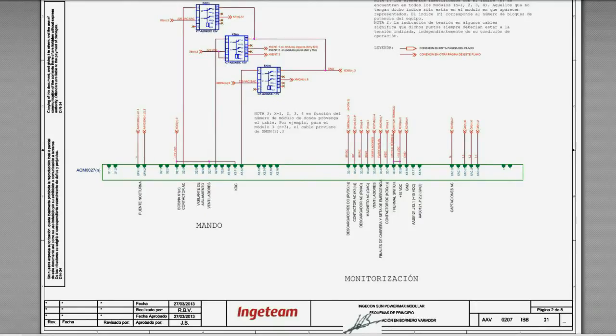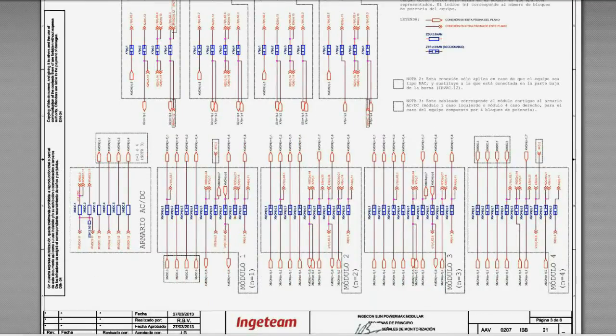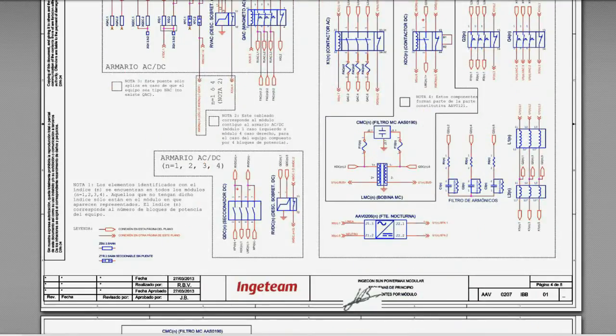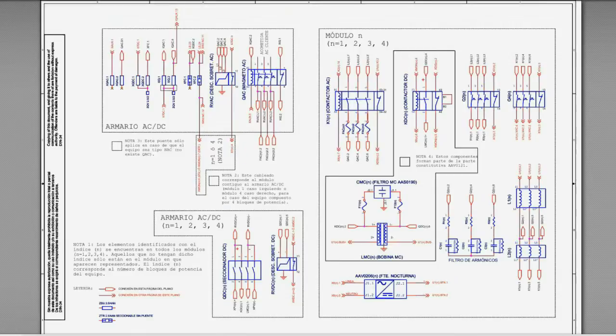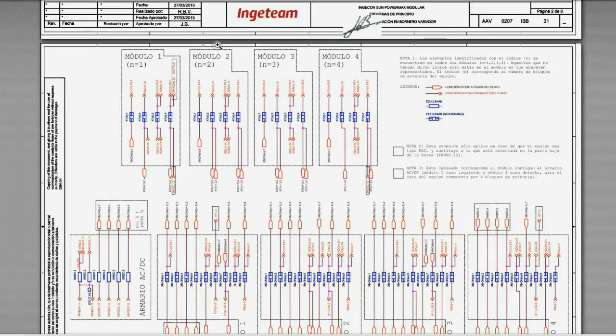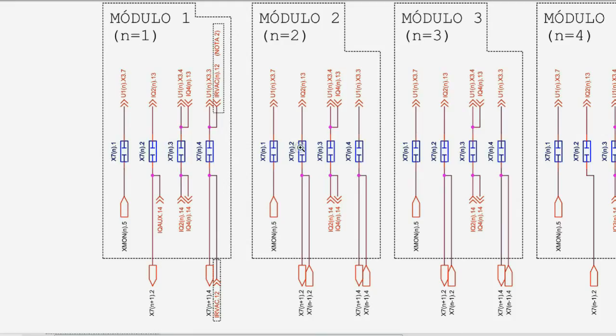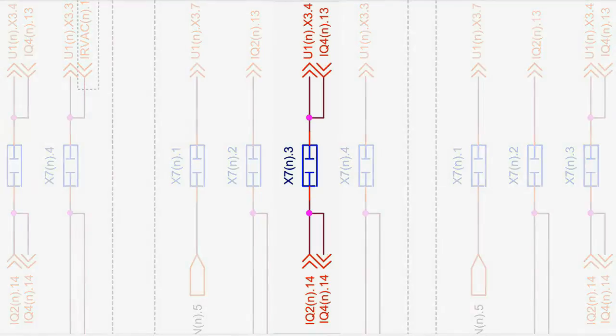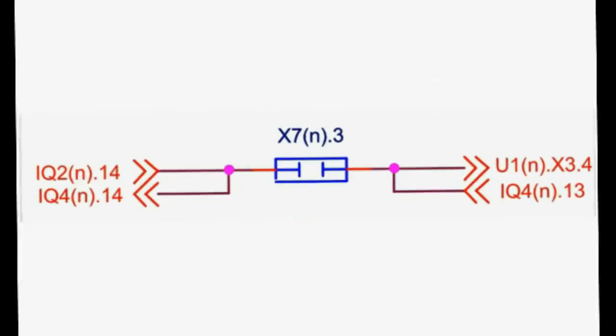This time we will use a graph similar to the one we saw just now, but in this case the graph represents all the elements that we can find within the inverter. Due to the fact that we know that the module we are working with is module number 2, we will focus on that particular section of the graph. If we zoom in on the part of the graph we are interested in, we can see that X3.4 has several elements connected to it.